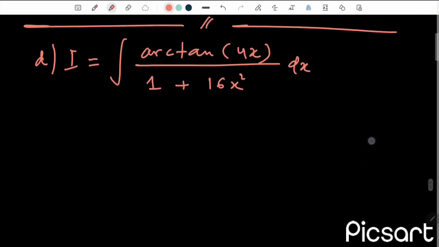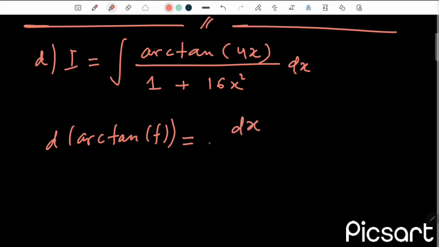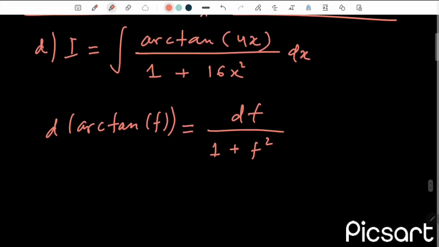Here, to solve this exercise, we must remember that the derivative of arctan of a function f is equal to df over 1 plus f squared.